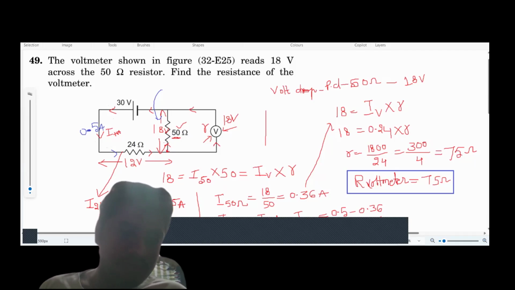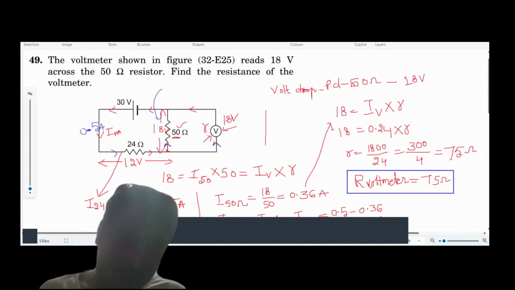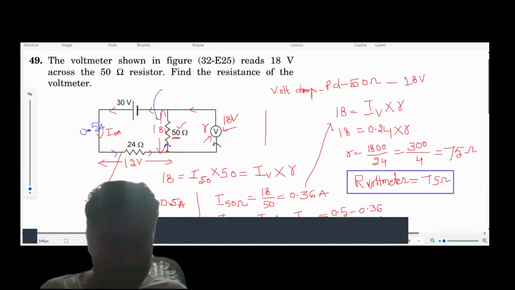That 0.5 definitely divides between the 50 ohm and the voltmeter based on their resistances. As the voltmeter and the 50 ohm are in parallel, the potential difference across the two is the same, right? So again you can find the current through the 50 ohm, I is equal to V by R, 18 by 50, that is 0.36. So out of 0.5 amp, 0.36 amp is flowing through the 50 ohm, and the remaining 0.24 amp is flowing through the voltmeter.